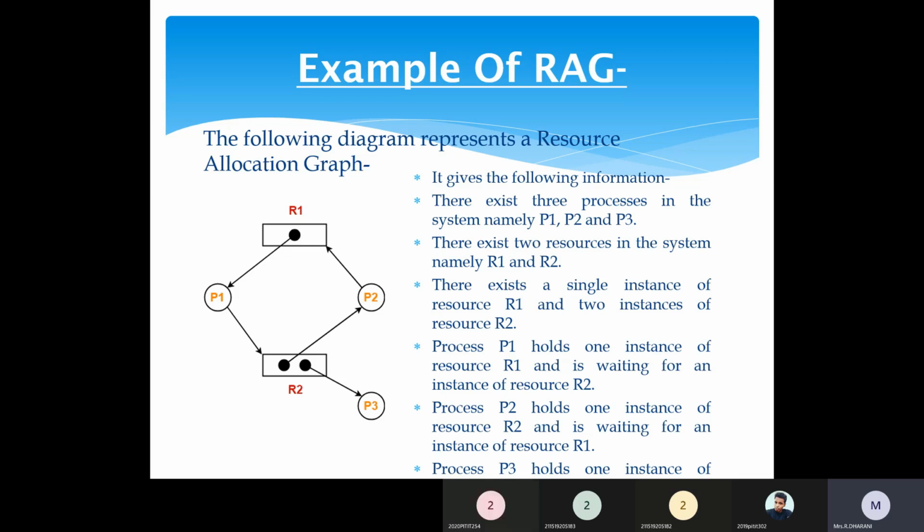Now here resource R2 has two instances. One instance is assigned to process P2, but process P2 is requesting an instance of resource R1, and one of the instances of R2 is assigned to P3. So with this simple representation we can get much information. Okay, that is the purpose why we want a resource allocation graph.